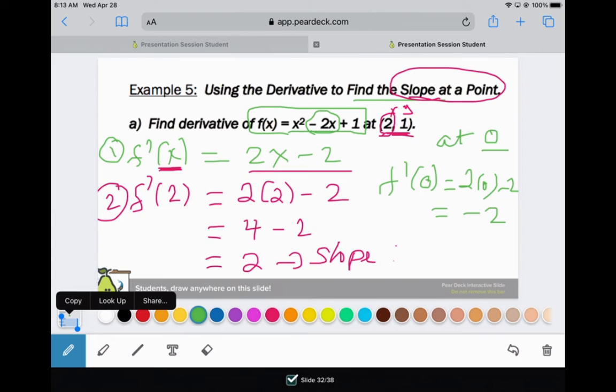If you think about the original function, the second power is quadratic. It looks like something like this, right? So the slope is going to change depending on what values we're looking at. So this is a new part that we're going to learn today. Questions for me so far?